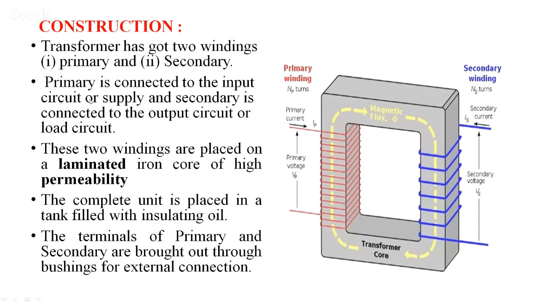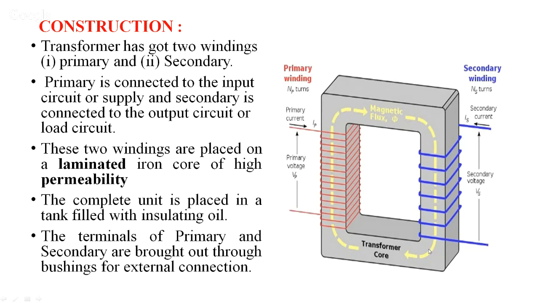The primary is connected to the input circuit or the supply, and the secondary is connected to the output circuit or the load circuit. Now these two windings are placed on a laminated iron core of high permeability. The two windings here, the primary as well as the secondary, are placed on a laminated iron core.